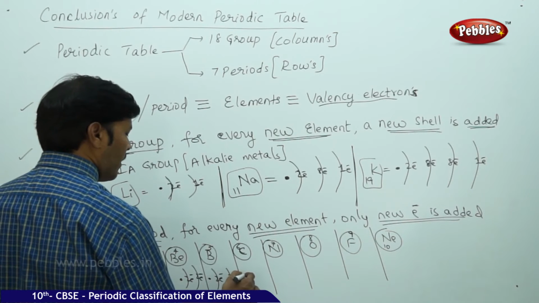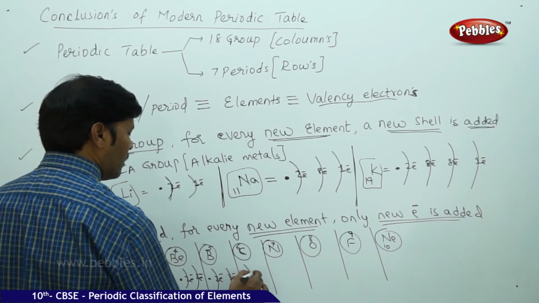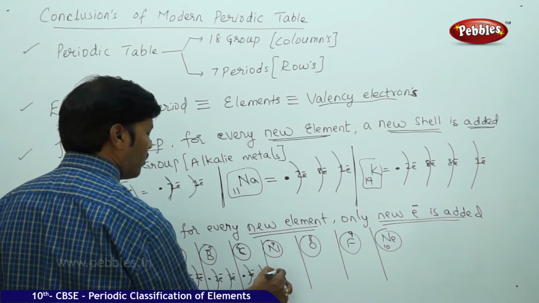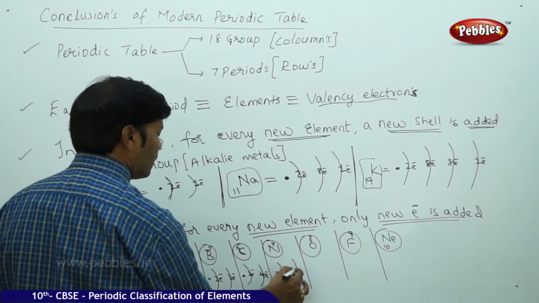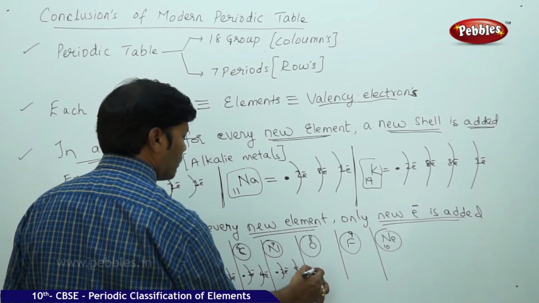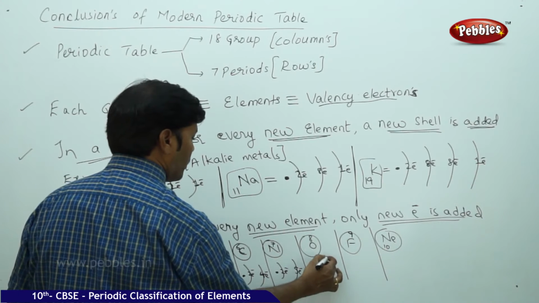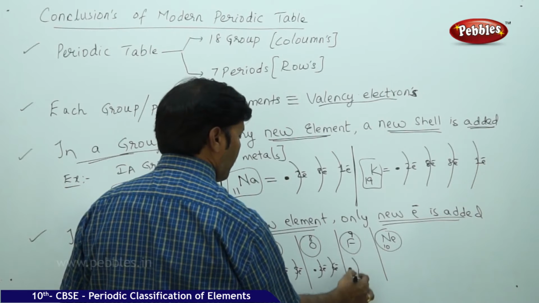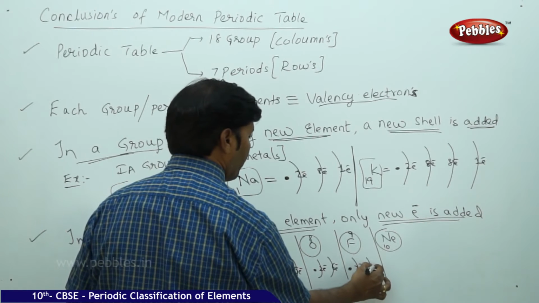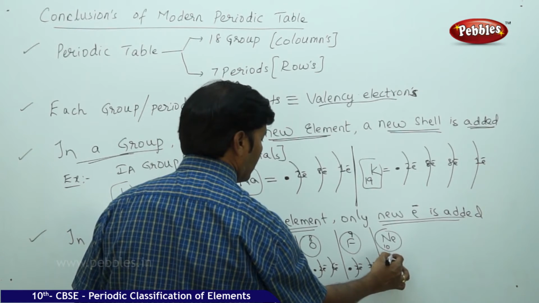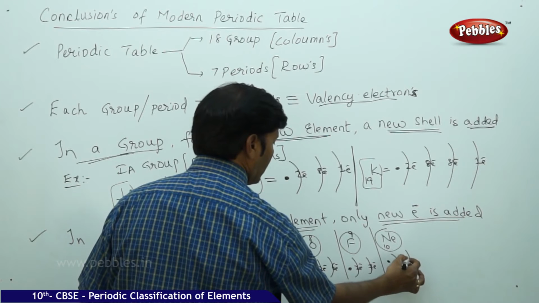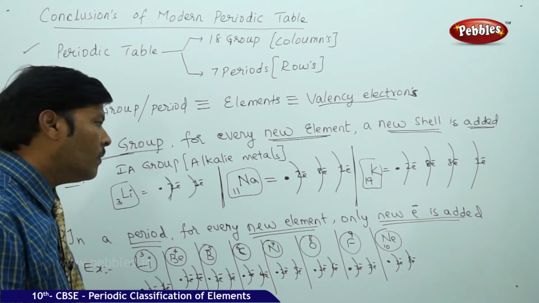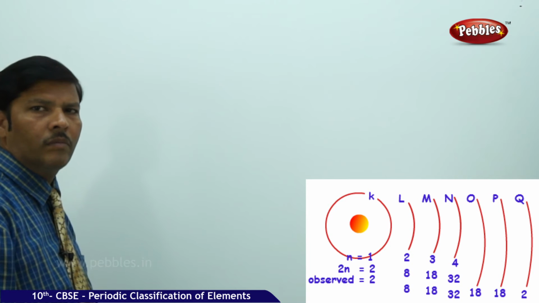Again, 5 electrons in the valency shell, nucleus 2 electrons, 4 electrons. Again nitrogen 2 electrons, 5 electrons. Again 2 electrons, 6 electrons. Again fluorine 2 electrons, 7 electrons, then 2 electrons, 8 electrons, and so on.